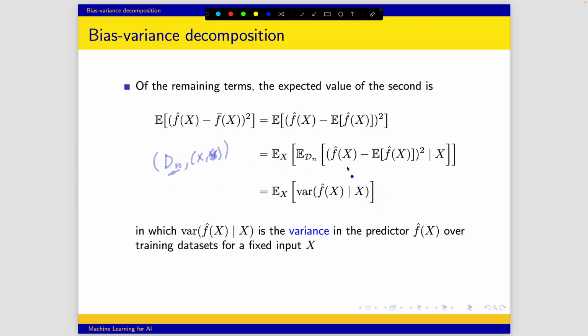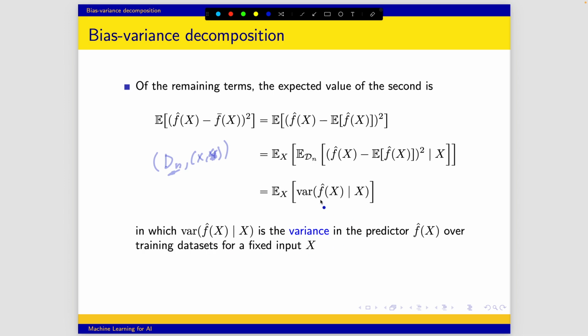And what is it? Well, it's f hat of x minus this quantity here, conditioned on x. And what is this? This is the variance of our predictor f hat of x conditioned on x. It's conditional variance, right? And what does it represent?